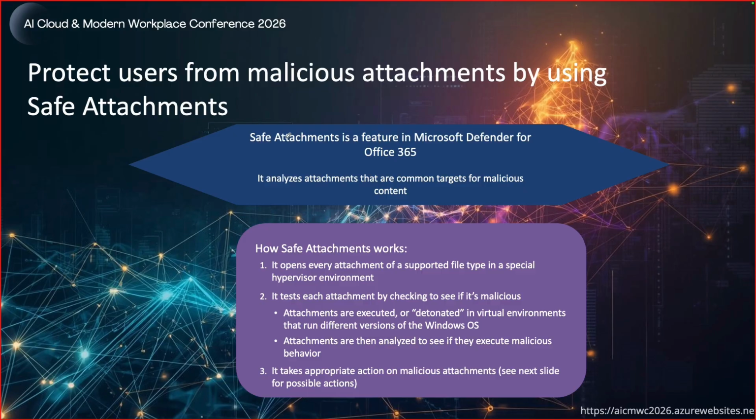I don't know exactly which versions, don't ask me about that, but I'm sure it's Windows 10, Windows 11, whatever. Attachments are then analyzed to see if they execute malicious behavior, and then the appropriate action takes place. The attachment will be removed, and in some cases the attachment is replaced by a text file that explains to the user that an attachment was removed through the process.